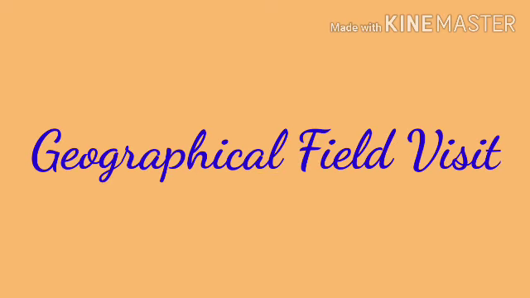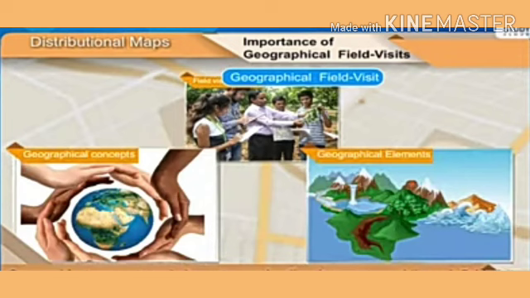Now friends, let's see the last part of the lesson, geographical field visit. Field visit is an important study method in geography. Geographical concepts and elements can be directly experienced through the field visit. Field visits are extremely useful for understanding the correlations between human beings and the environment.